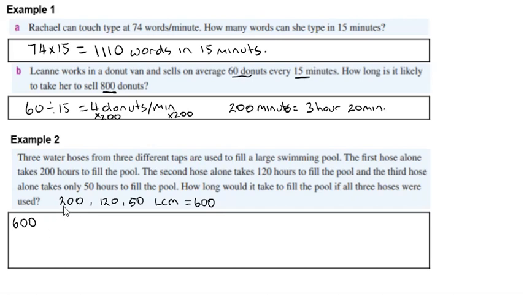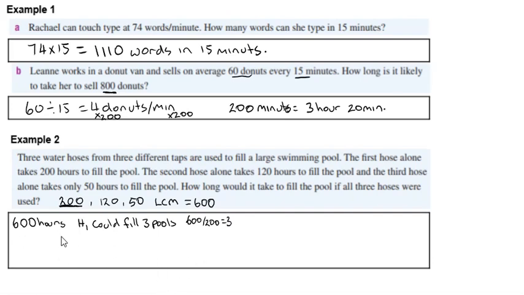If we had hose 1, and hose 1 can fill a pool in 200 hours, then in 600 hours, hose 1 could fill 3 pools, because 600 divided by 200 is 3.